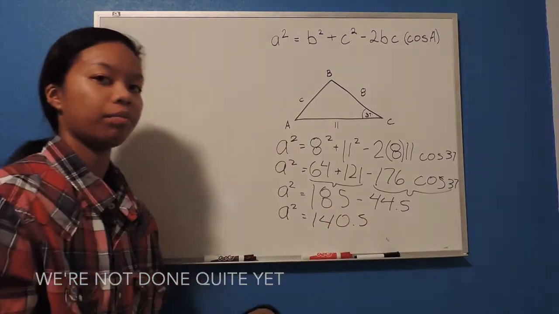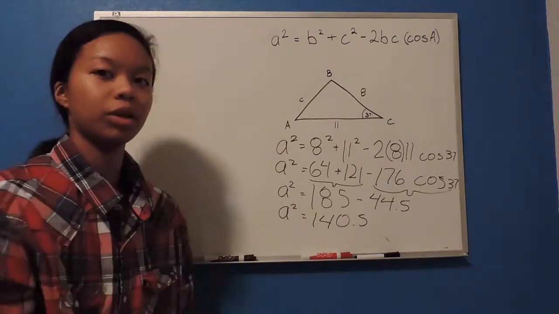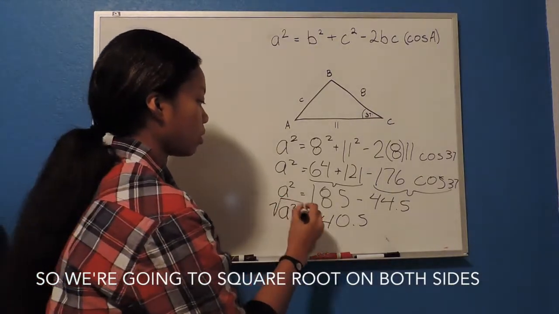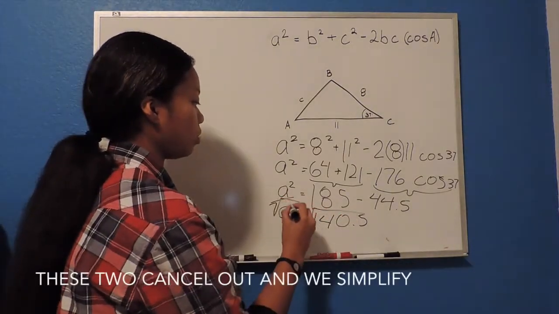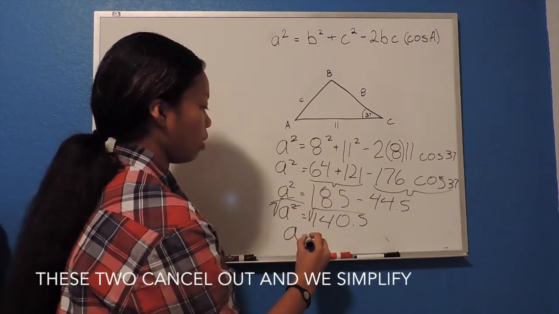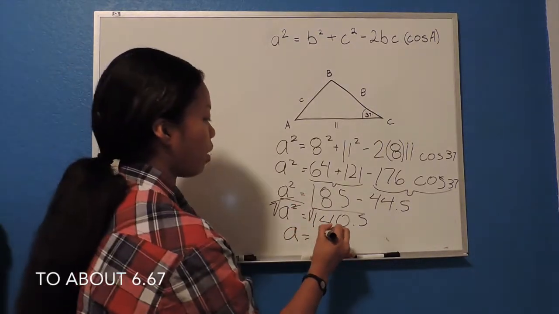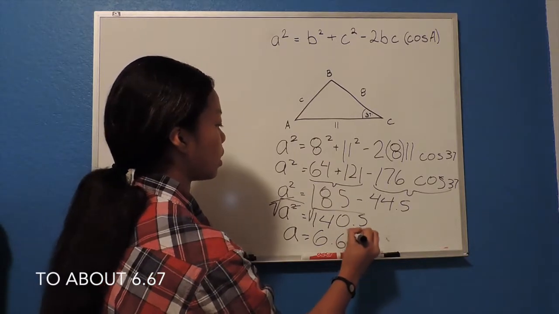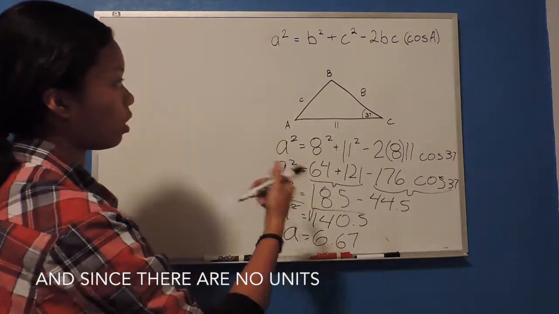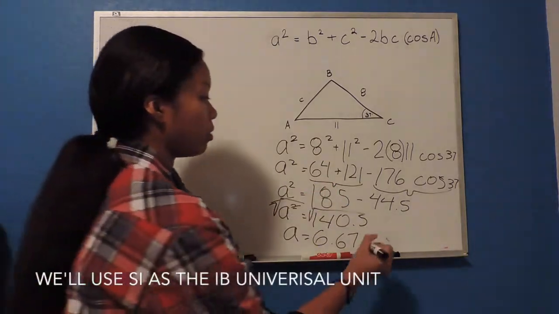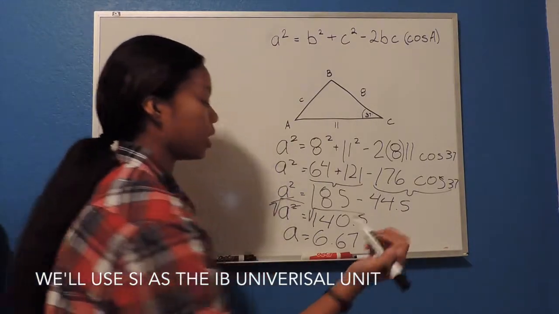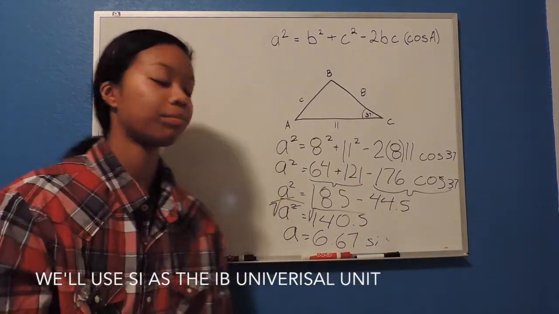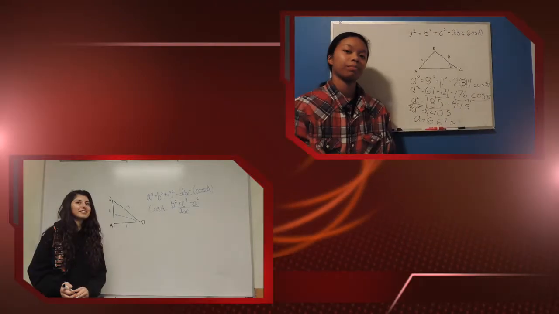We're not done quite yet. We still have this square here, so we're going to square root on both sides. These 2 cancel out, and we simplify to about 6.67. And since there are no units, we'll use SI as the IB universal unit.